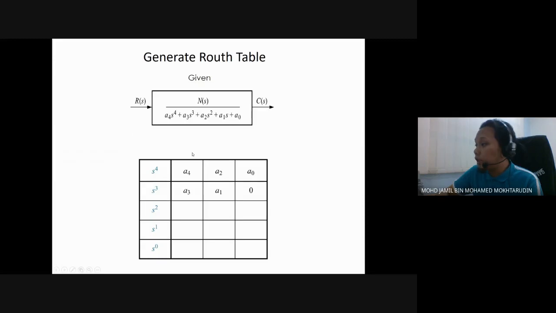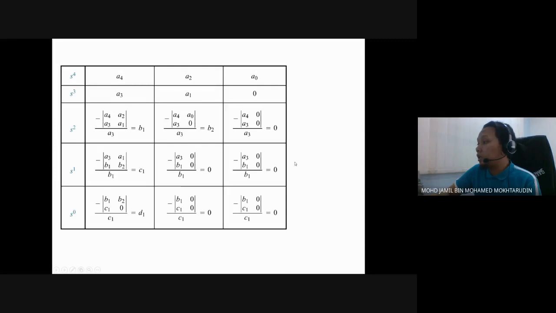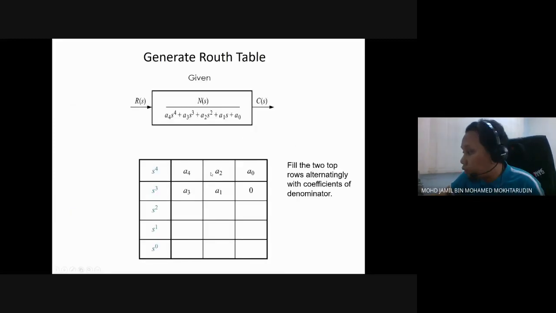After you draw the table with s to the power of 4 as the top row, you need to fill the two top rows alternatingly with the coefficients of the denominator. So the first one is A4, which you put here, and the one below it is A3.